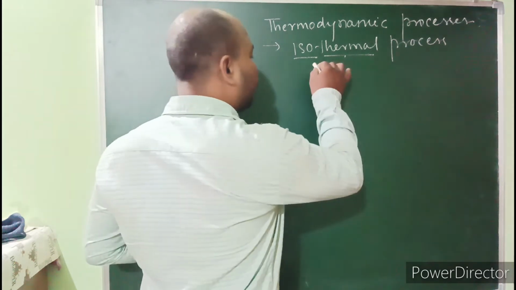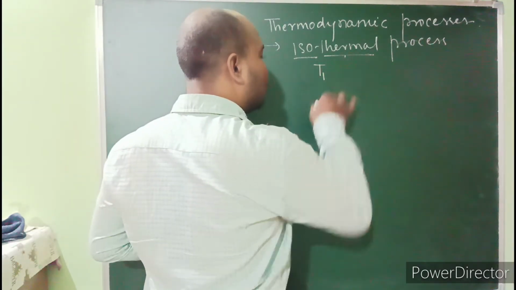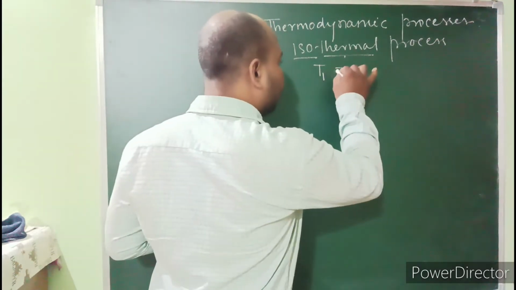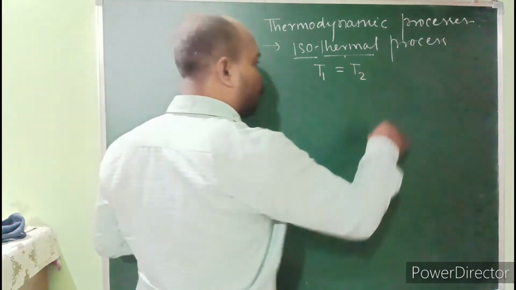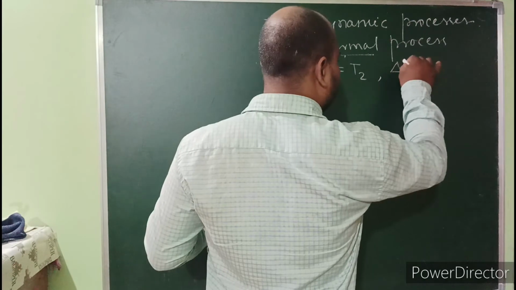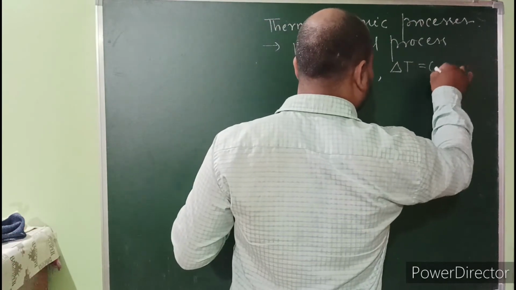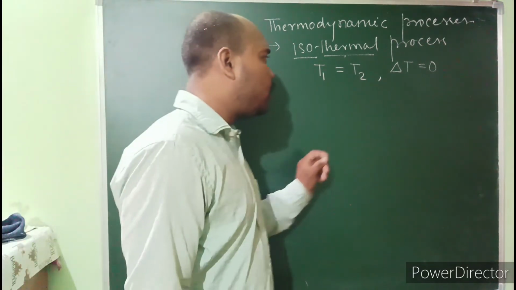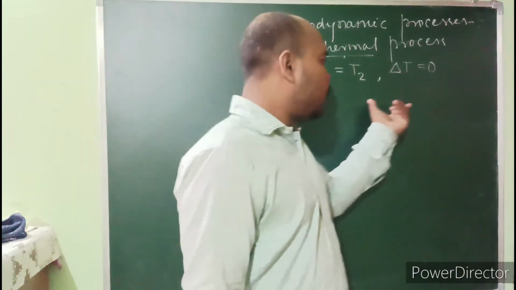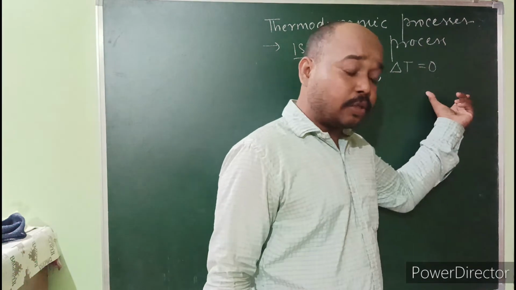If the temperature of a system is the same, then we can write that the initial temperature T1 equals the final temperature T2. For that, the change in temperature is equal to 0. In the isothermal case, the change in temperature will be 0.